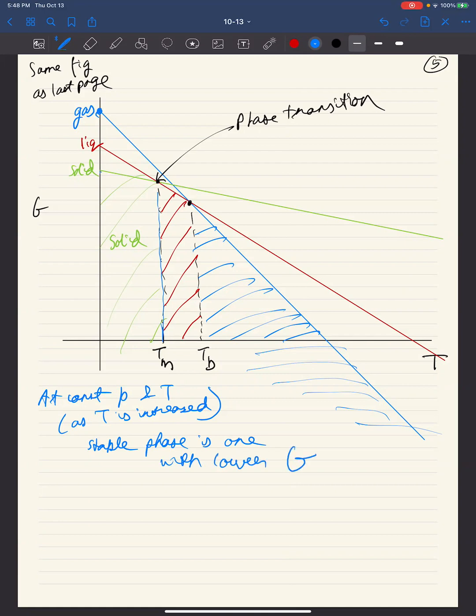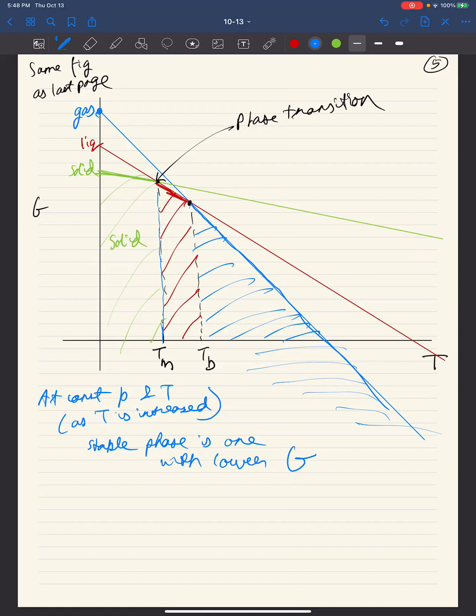So until this temperature, this has the lowest free energy. I did not want to draw blue over there. This has the lowest free energy. The solid is the most stable. Beyond here, liquid is the most stable. Beyond here, gas is the most stable. Okay, is that clear or still confused? No, that's clear. Okay, good.